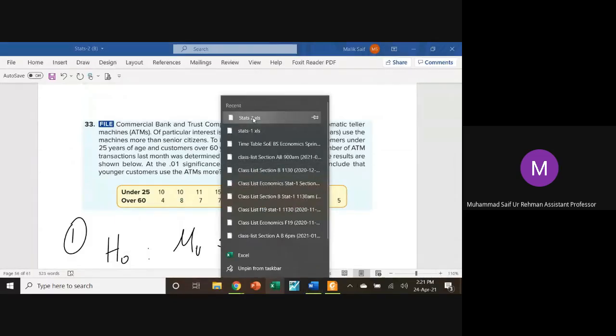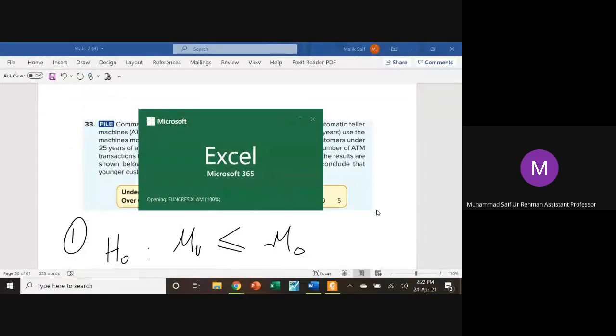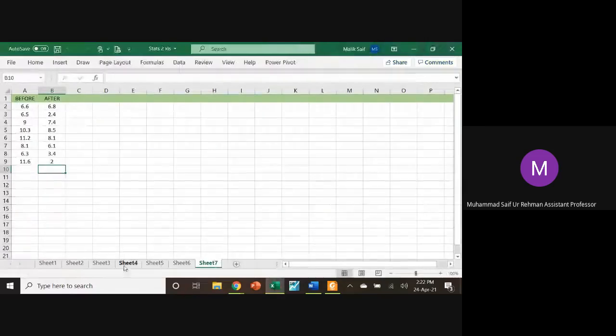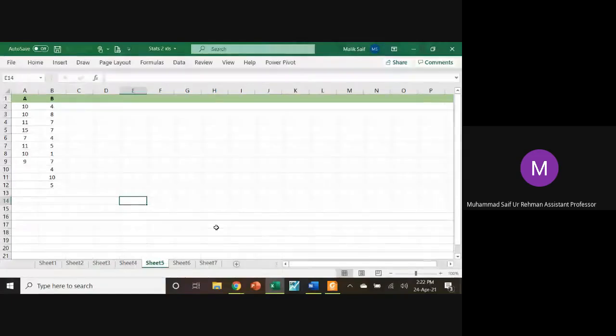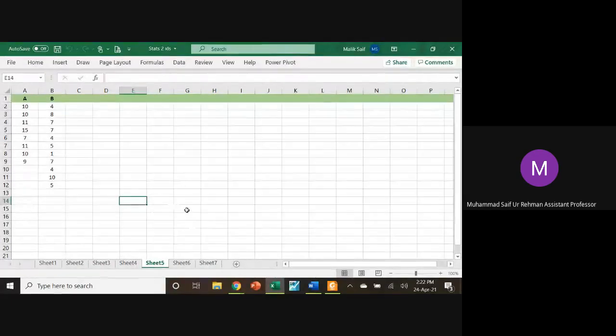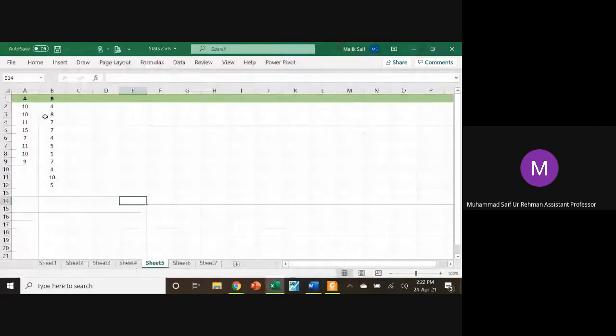So I am taking help of Excel. You may solve it in Excel, or if the examination is in the campus, then you would have to use the manual technique. So these are the data values if you see.